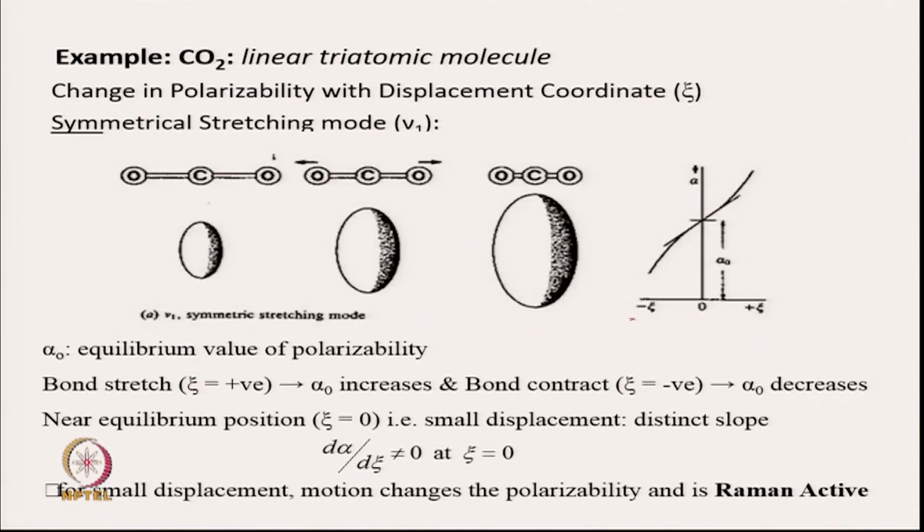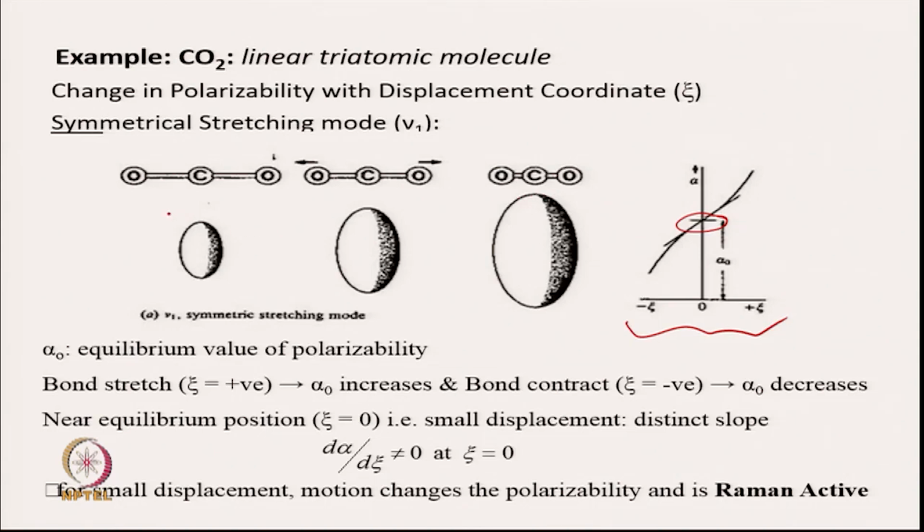This is the plot for the symmetrical stretching mode, and you can see that epsilon is plotted against alpha. This is your equilibrium position. Now, what happens when you stretch or compress the bonds?